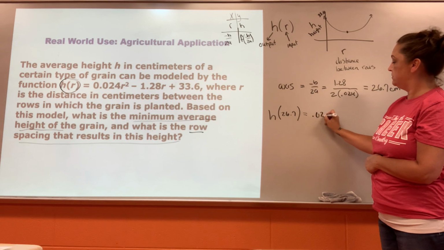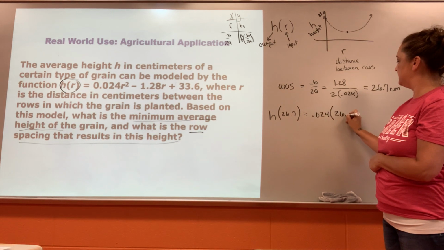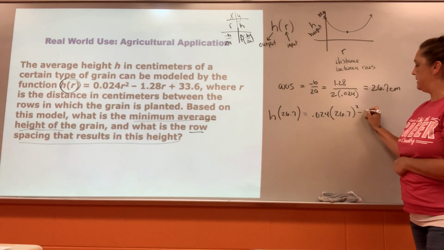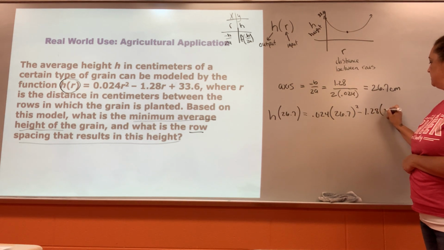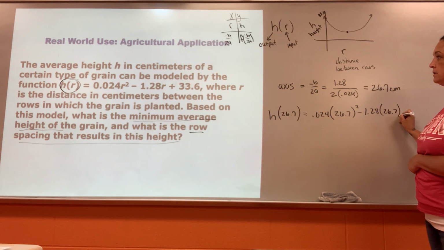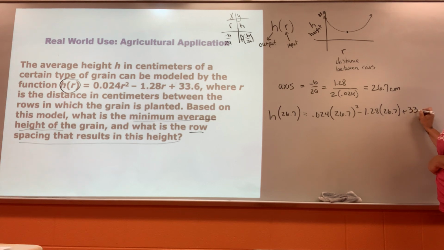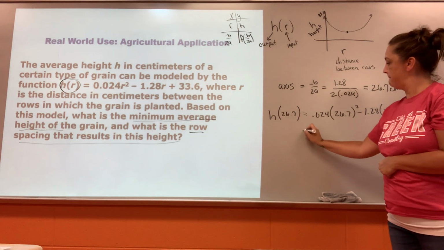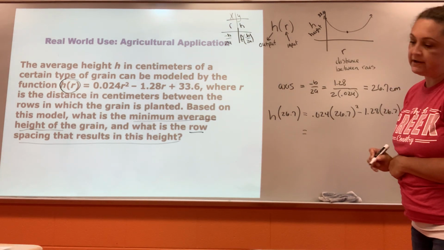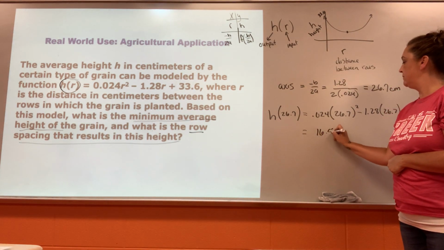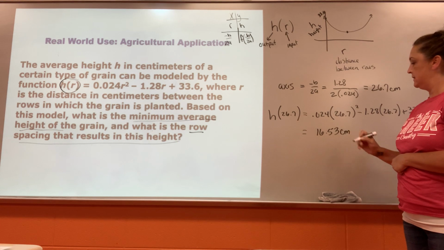So 0.024 times 26.7 squared minus 1.28 times 26.7 plus 33.6, and then you're going to do the math on that. When you calculate it, you should get 16.53 centimeters.